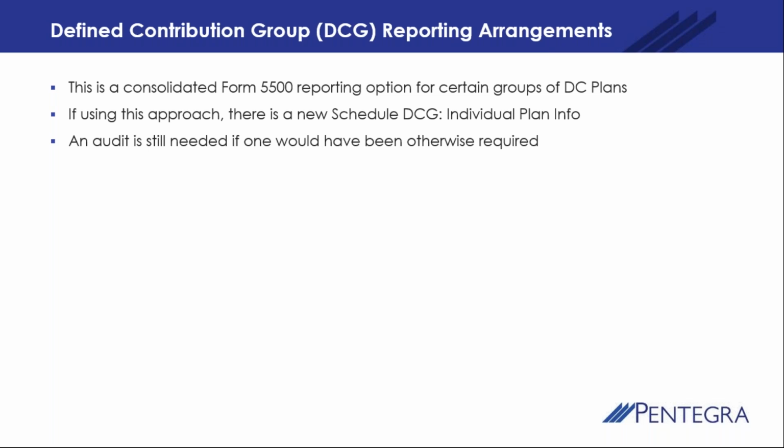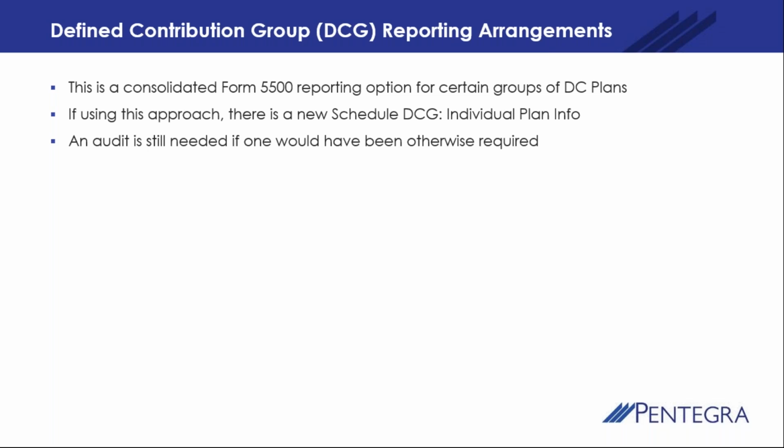And there's a few things to know about this reporting arrangement. So they'll generally be subject to the Form 5500 requirements for large plans. So what that means is that if a plan would otherwise require an audit, it still requires a separate plan level audit by an independent qualified public accountant under this arrangement.